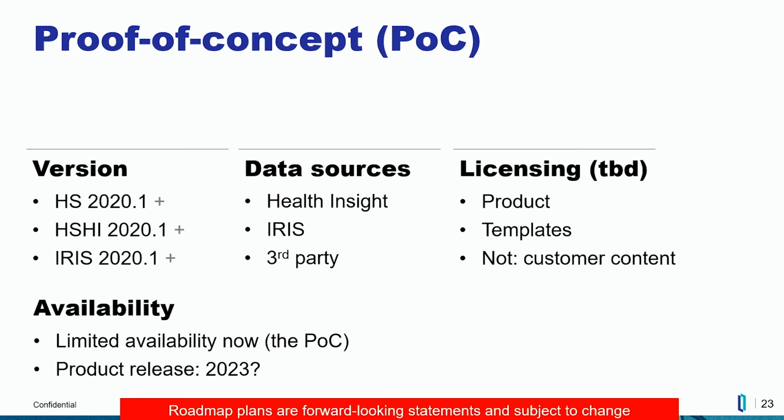So the data sources are flexible. We haven't nailed down the licensing approach, but what we're thinking is that there will be a license for the product itself that runs the code, but we're not sure whether that will be included or will be an add-on compared to Health Insight or other HealthShare components.